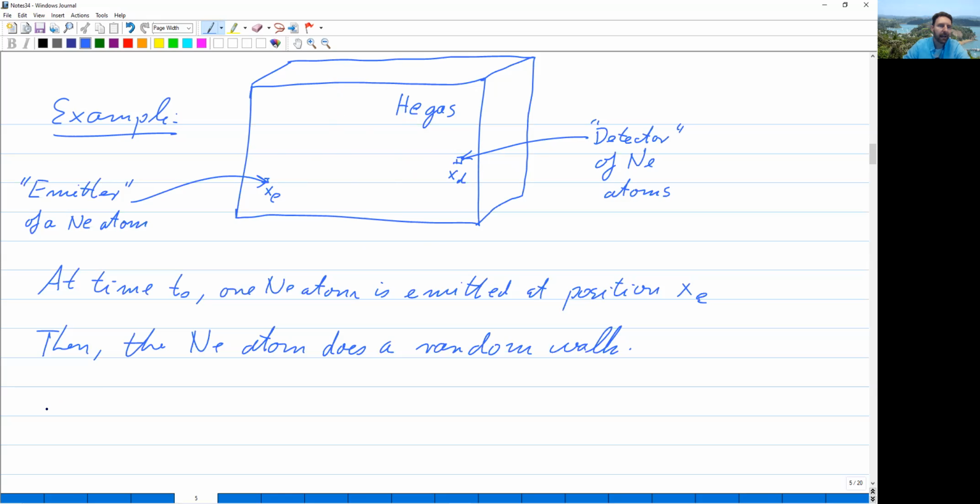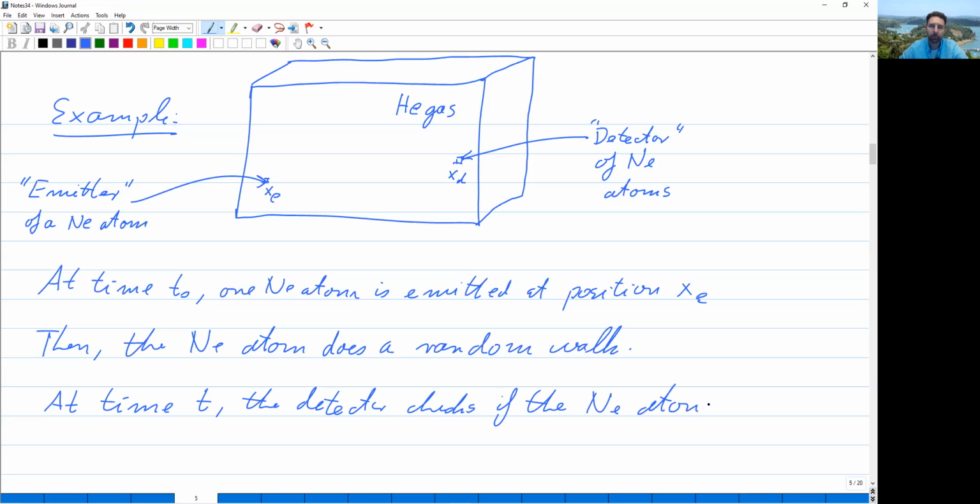And then let's say at some later time, at some time t, the detector checks if the neon atom is at location XD of the detector.